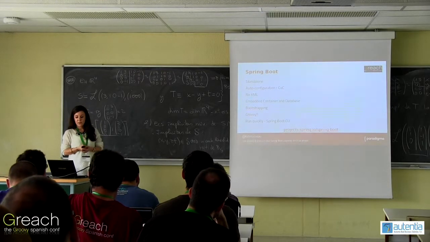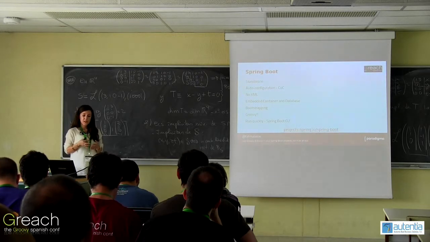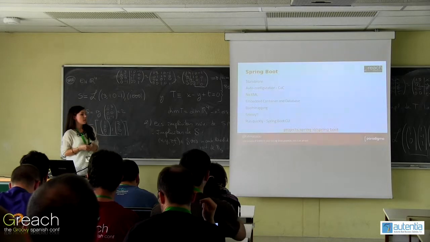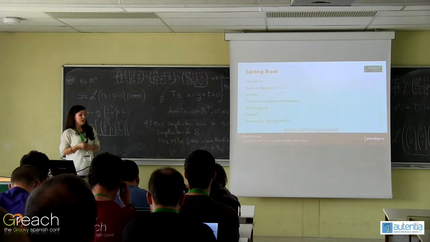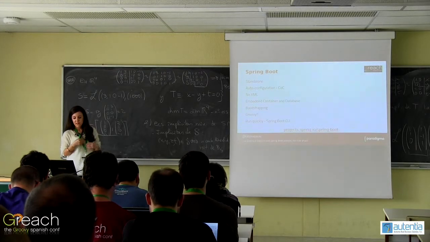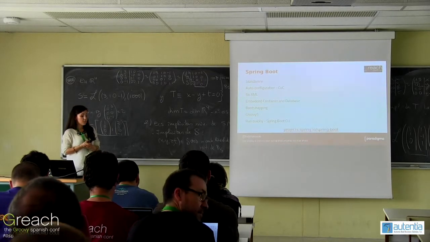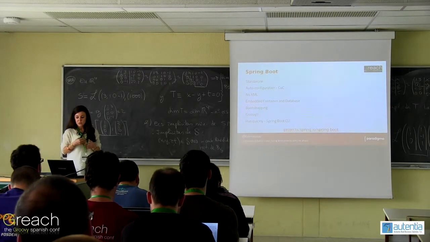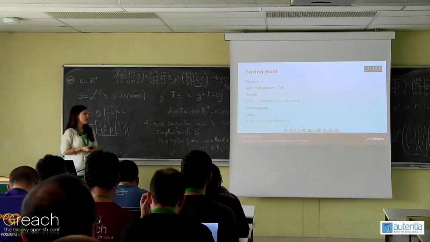For this, we do not need to manage XML configuration files. On the other hand, Spring Boot allows you to start and build production applications easily because it provides an embedded container and database according to the dependencies specified in the build system.